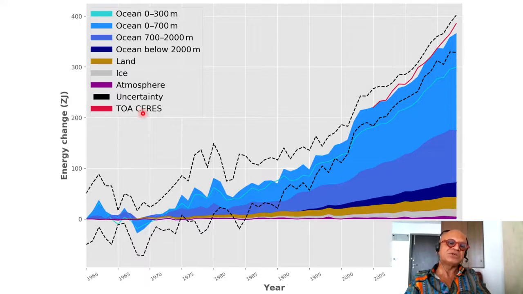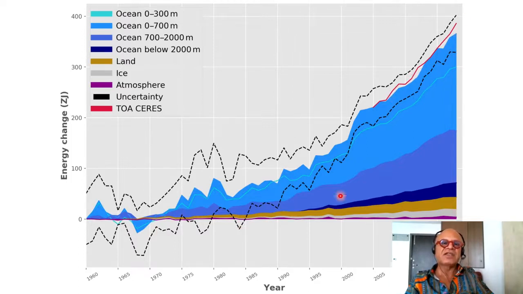This is in energy zettajoules. This is allowing us to compare nicely: ocean down to 300, 700, 700 to 2000, and below 2000, deeper than 2000. Land, ice, atmosphere, the residual that we cannot completely assign, and top of the atmosphere radiation changes from CERES, which is energy budget satellite data, which is only available for the last few years.